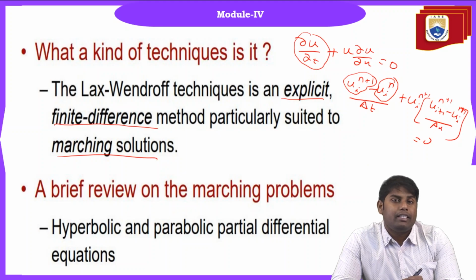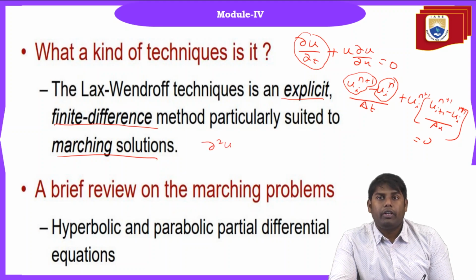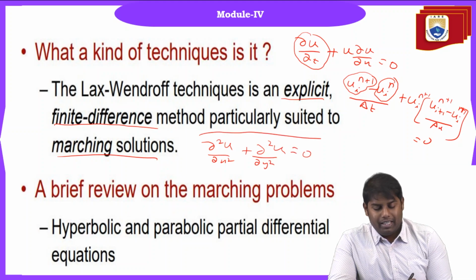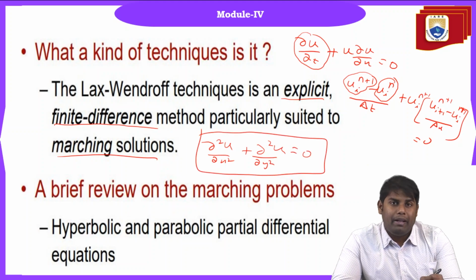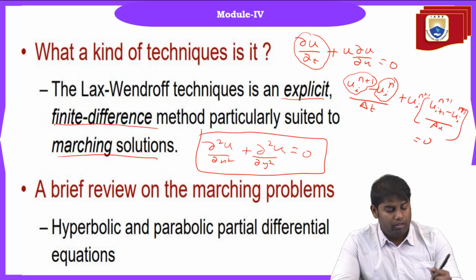When you see the steady state, let's say you have a Laplace equation, ∂²u/∂x² + ∂²u/∂y² = 0, this is called a Laplace equation. For this Laplace equation, we cannot use these kinds of marching solutions or the Lax Wendroff technique. That is the meaning of a marching solution.